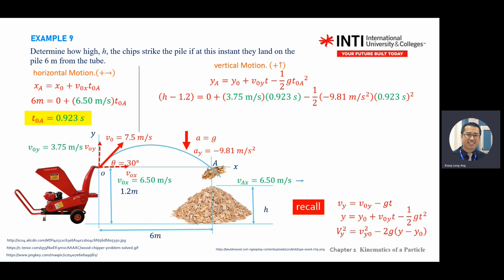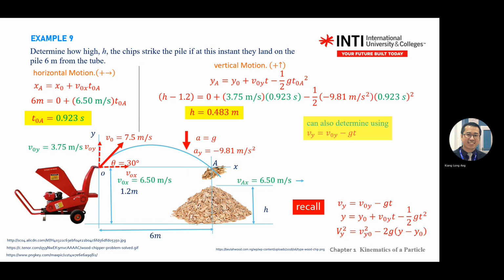You can take 1.2 minus h also, but you will get a negative sign. If the final answer comes negative, it does not agree with your assumption. You substitute, there's only one unknown, and you get h as a positive value, 0.45 something. You get the same answer if you apply the other equations here.